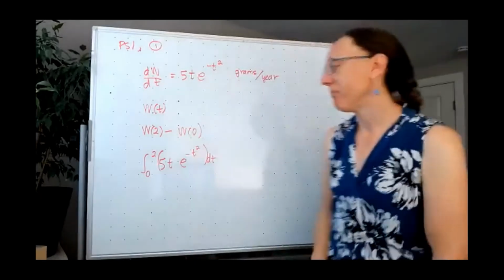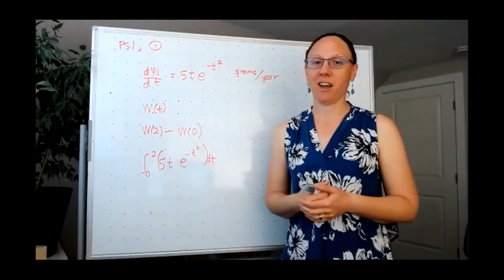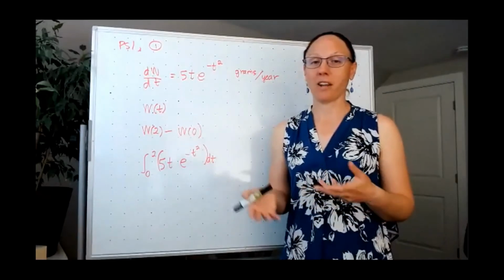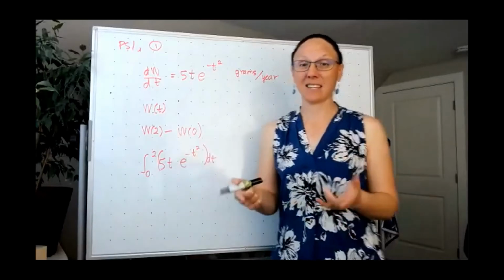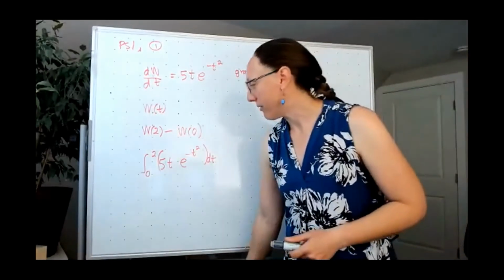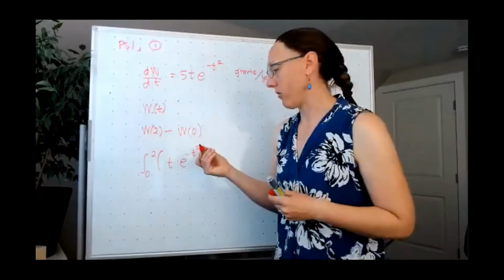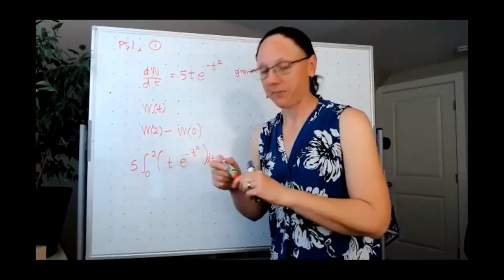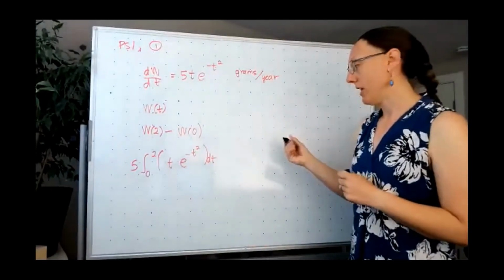So looking at this, I'm trying to answer that question of does the derivative of one part equal the other part? And my answer to that question is yes, almost, kind of, sort of. So I'm going to take that 5 and just move it out of my way by putting it in front of the integral. And then I'm going to do my u substitution.